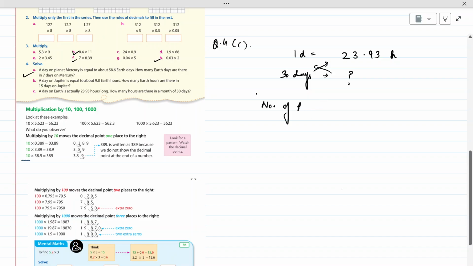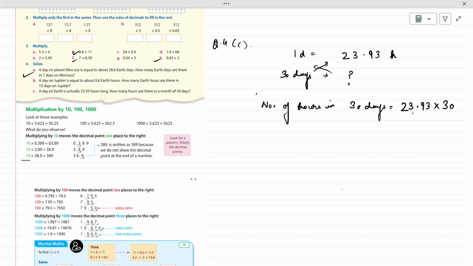So number of hours in 30 days is equal to 23.93 into 30. Simple multiplication. And how we are going to do? First, we are going to take the product of 2393 with 30.